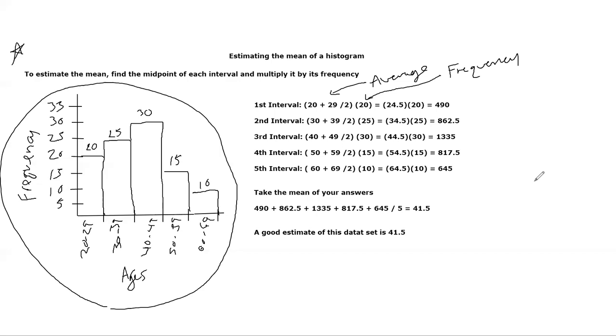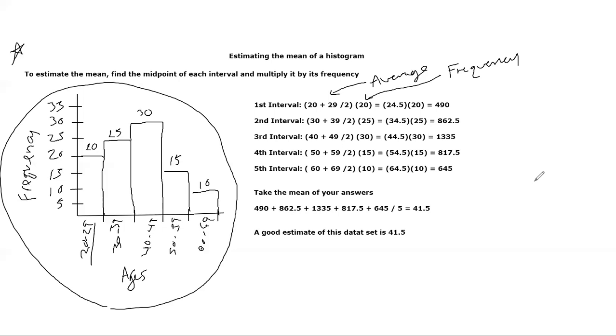So why don't we look at where it says first interval? The first interval says it's 20 plus 29 divided by 2. That looks kind of familiar, right? That's because what we're doing is taking this down here, 20 through 29. We're looking at the first group and the ages in that group. The ages between 20 and 29 make up the first interval. So I'm going to take the mean of that, the average of that.